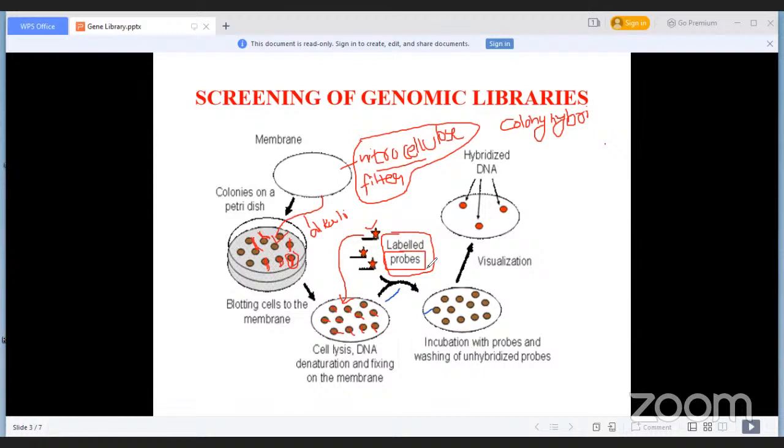A probe can be an mRNA or a homologous gene from another organism, or synthetic. It is made up of an oligonucleotide having a sequence similar to the desired DNA fragment. In the probe, there is a similar sequence of the desired gene.